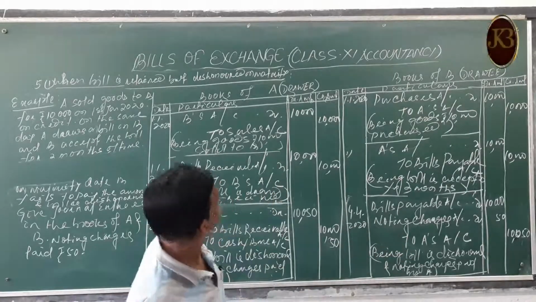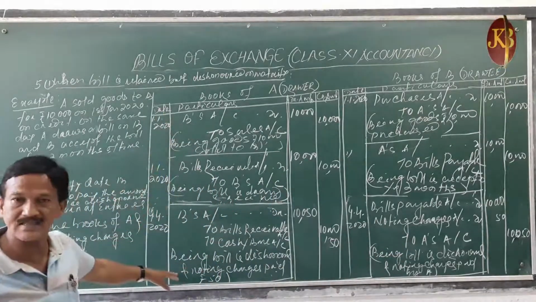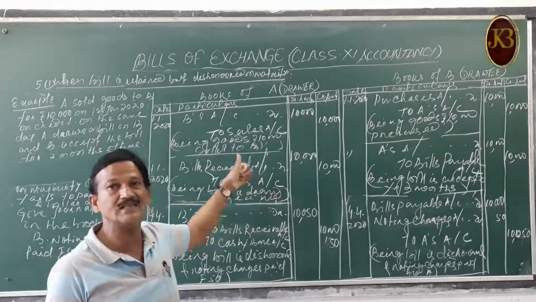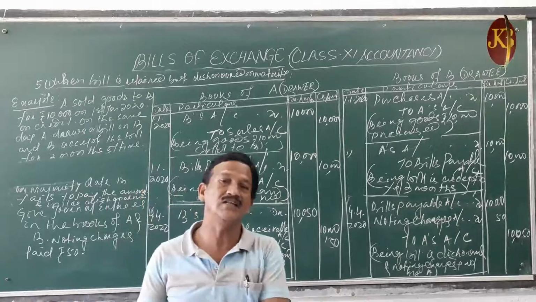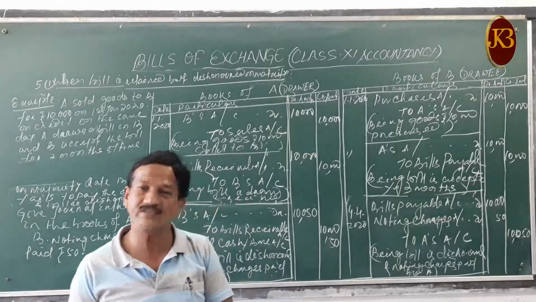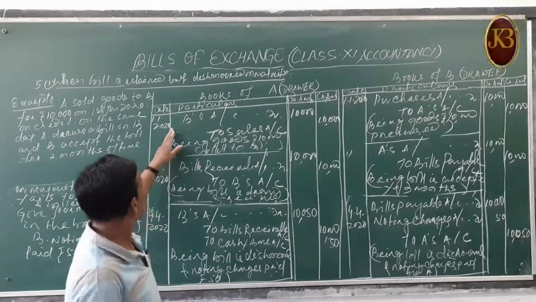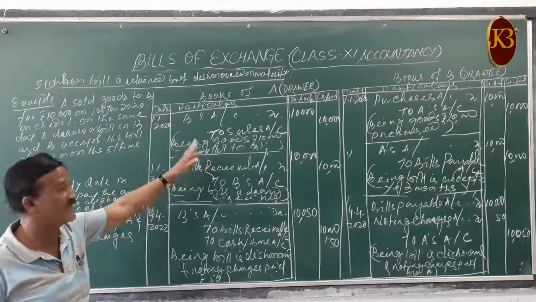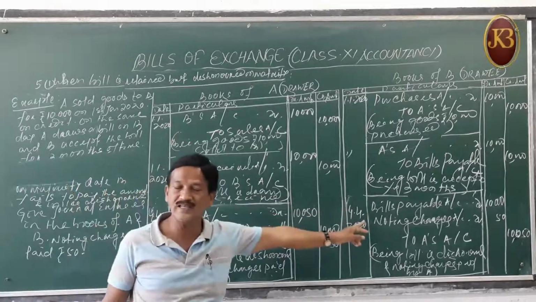So let's discuss the accounting entries when the bill is dishonored. The bill is retained till the date of maturity and then dishonored. Let's see this example: A sold goods to B. A is the drawer, B is the drawee.